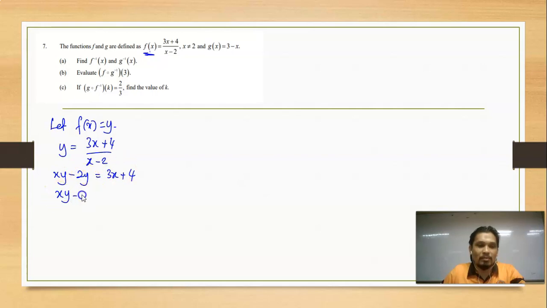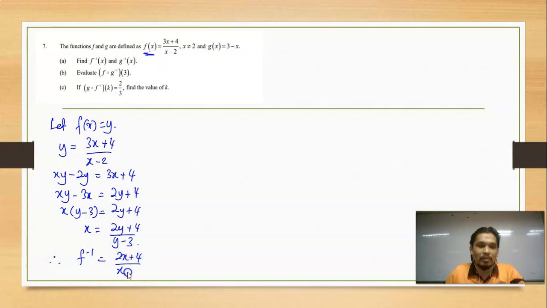So xy minus 3x equal to 2y plus 4. Factorize the x. Then x equal to 2y plus 4 divided by y minus 3. So the f inverse equal to 2x plus 4 divided by x minus 3, where x cannot be equal to 3. So that is the inverse function of f.